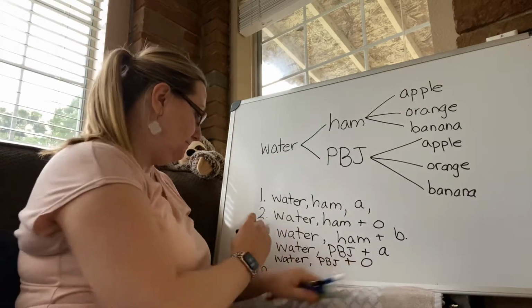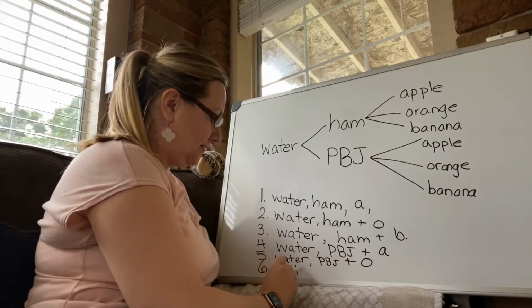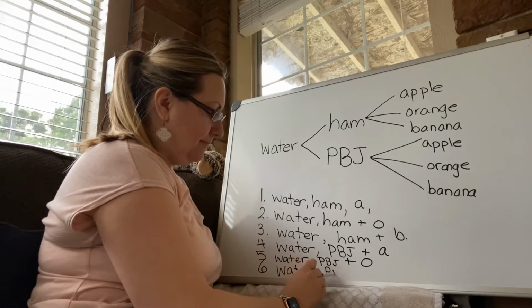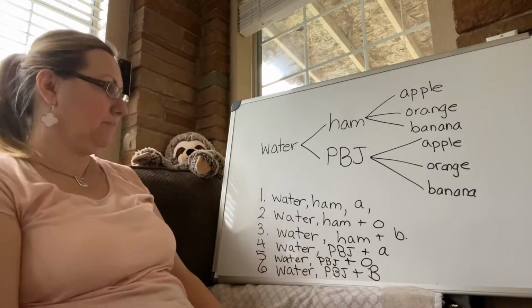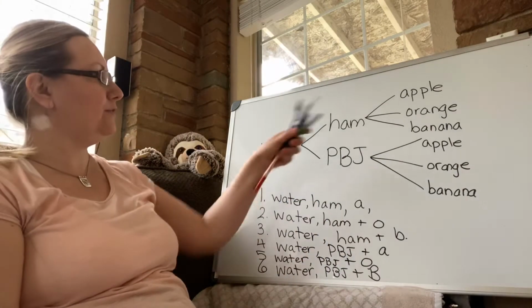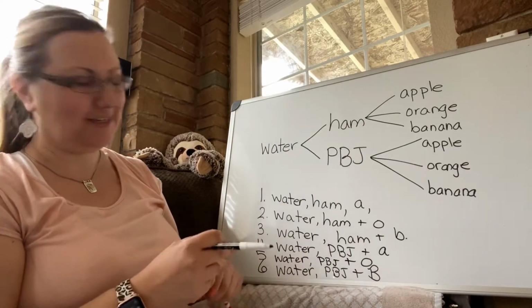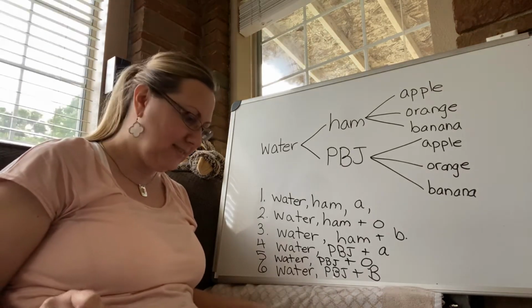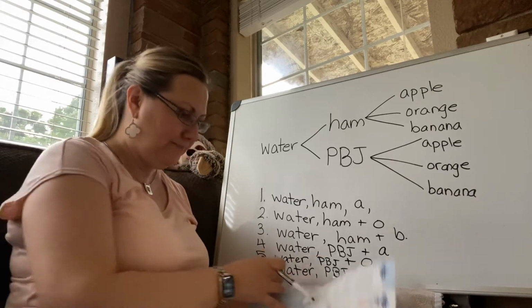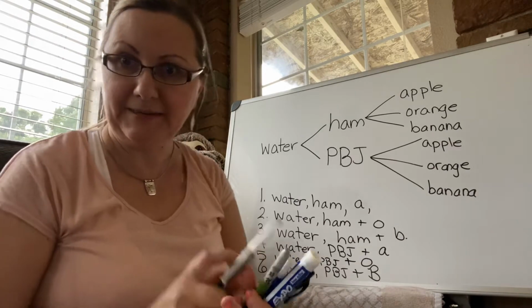And lastly, water, peanut butter and jelly sandwich, and a banana. Do you see any other possible combinations? I don't think you do. I certainly do not. So that is how we get our 6 different combinations. And we answered all of that completely.